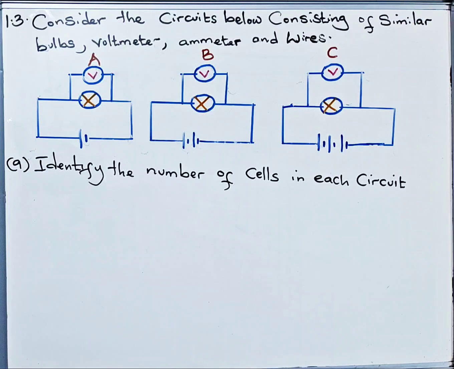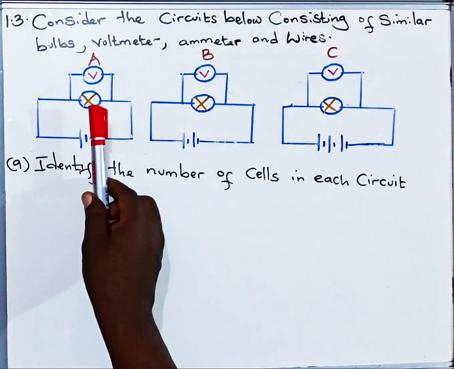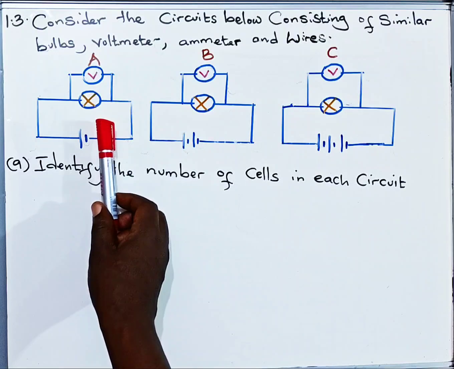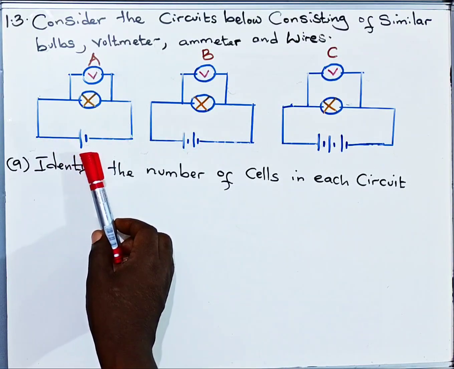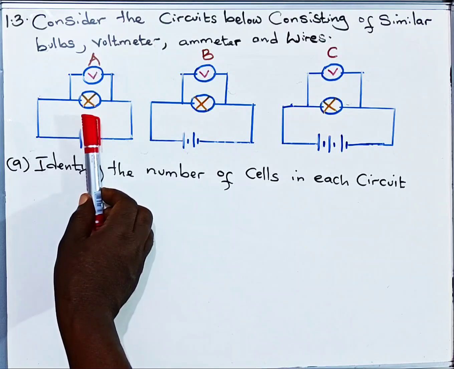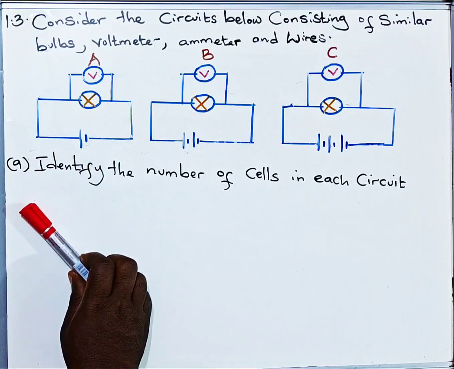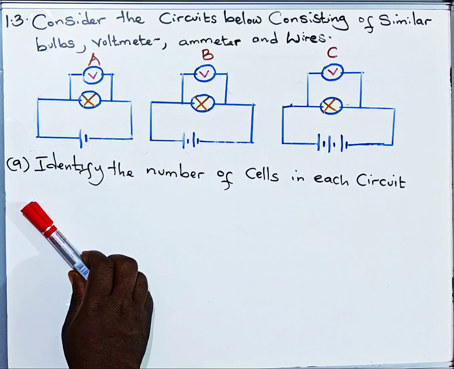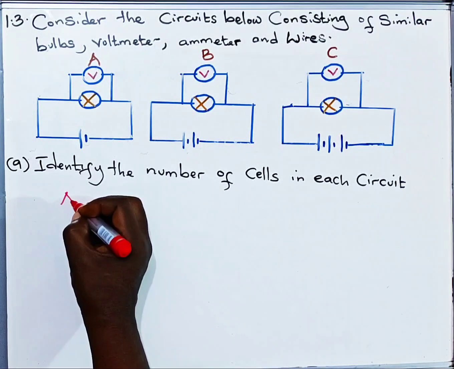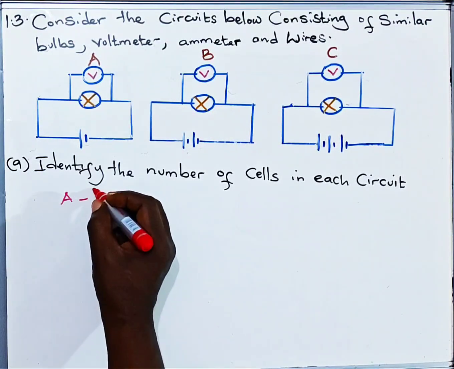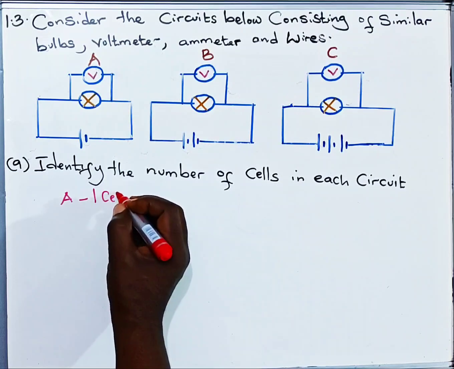How many cells do we see in each circuit? Let us look at circuit A. For circuit A, we look at the long and the short stroke, they represent one cell. So for A, it is one cell.